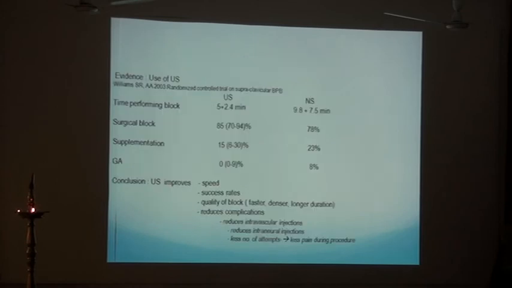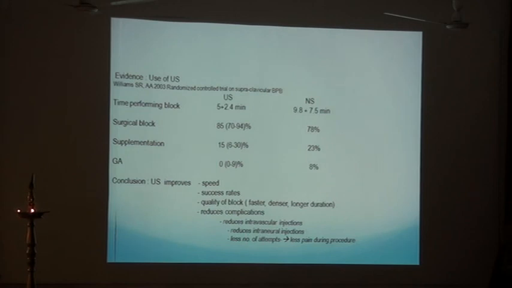Williams et al. in 2003 did a randomized controlled trial on supraclavicular blocks using ultrasound and nerve stimulators, and found that the time for performing the block with ultrasound was much less, the surgical block was equal or better, and GA supplementation was not required at all in the ultrasound guided block, while in 8% of the nerve stimulator blocks they had to supplement with GA.